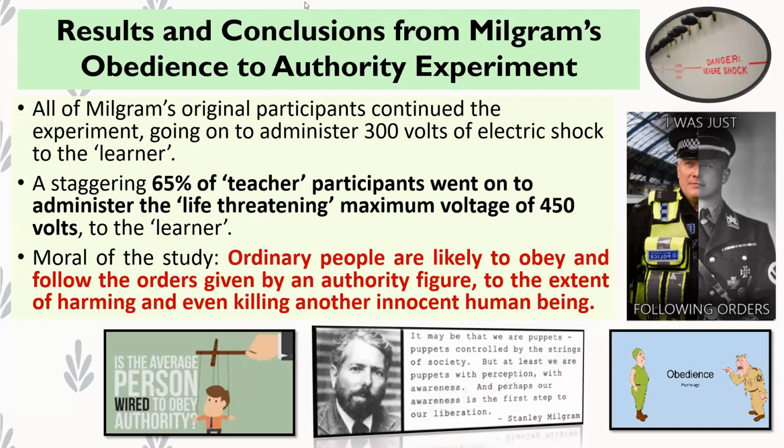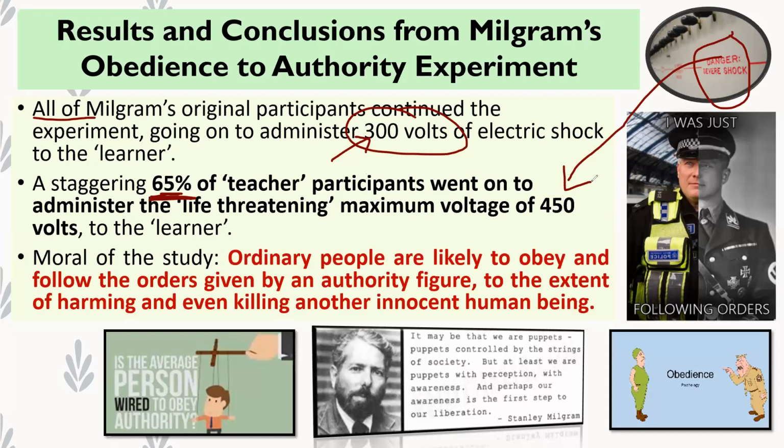The remaining 35% of participants were really good. They didn't give the maximum shock, but actually all participants went on to administer 300 volts. That's where some of them stopped. That's where some of them said, I can't go any further. But 65% of the actual teacher participants did go on to administer the maximum 450 volt shock to the learner.